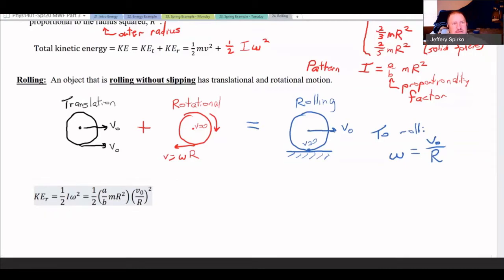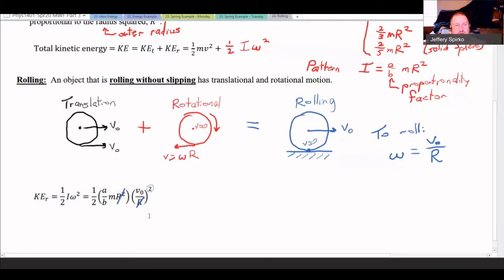Notice here that we have an R squared here, and we have an R in the denominator that is squared because of the parentheses. And that R squared, that's part of the I value, and the R squared that's part of the omega value cancel each other out.